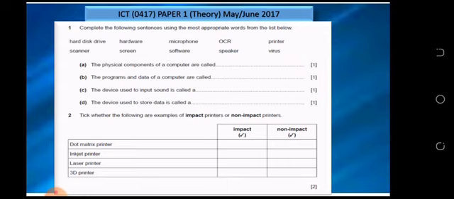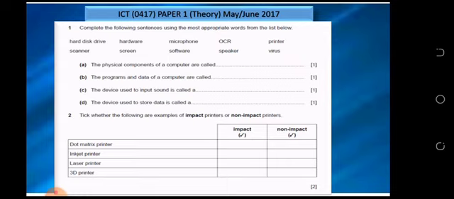Then number 2, tick whether the following are examples of impact printers or non-impact printers. So you can see it in the table. The student is expected to tick only by following the instruction of the question. Dot matrix printer?